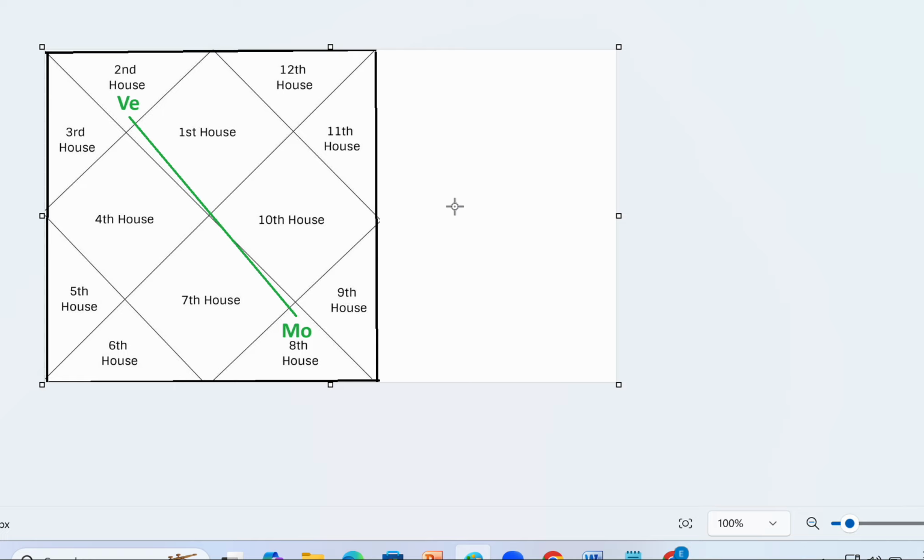Directly we're looking at mother looking at spouse. Saas-bahu fights, and more intense. And the second house, I think, is the own Rashi of Venus.